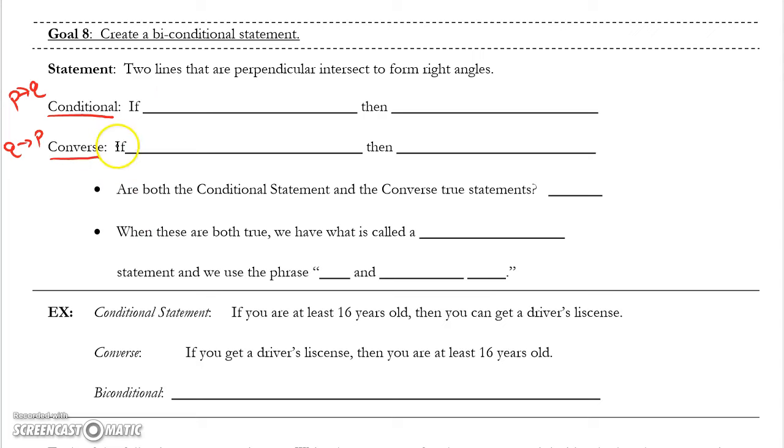So my conditional would be if two lines are perpendicular, then they form right angles. In my converse, I have to flip those.